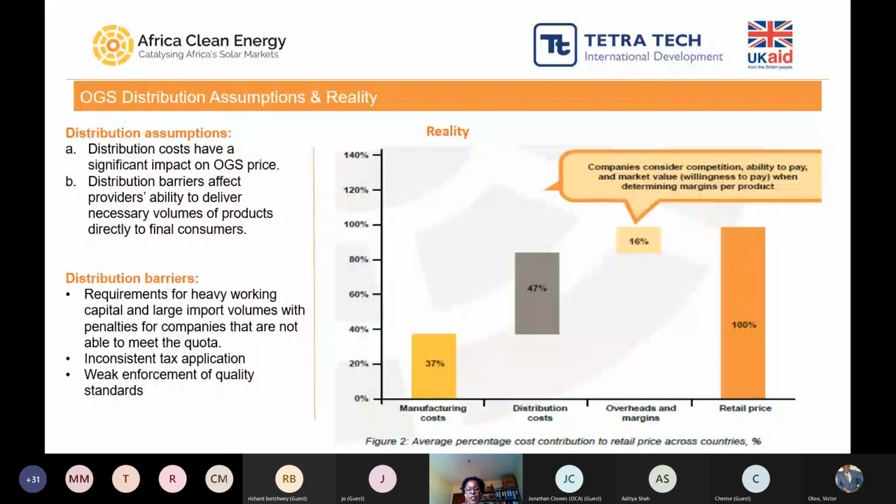And then you have about 47% in distribution costs. This is right from the manufacturer all the way up to the consumer. And here is where we'll spend quite a bit of time in understanding what else can be done to bring down the cost of distribution. And then there are other overheads and margins that also contribute to the price.